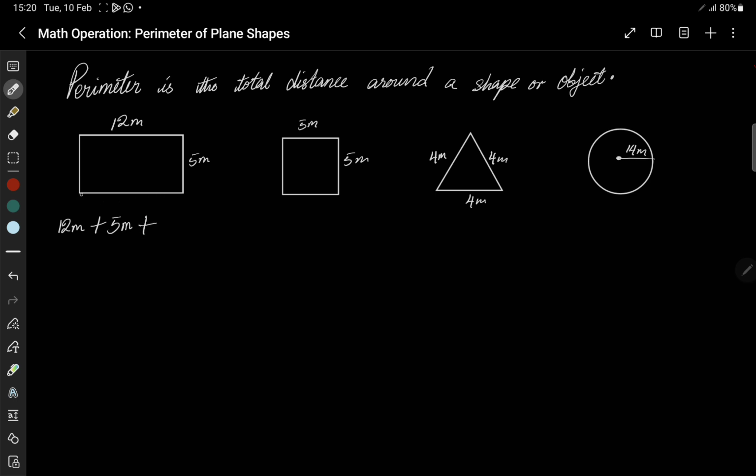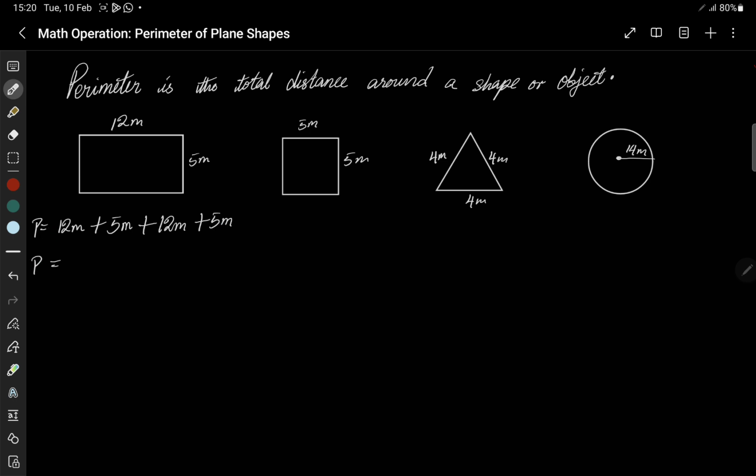There's also this side. And remember the properties of plane shapes, right? Shapes like rectangle, opposite sides are equal. So since this point to this point is 12, here to here is also what? 12 meters. Then plus here to here, which is opposite to this side, is also 5 meters. Then we go ahead, that's our perimeter.